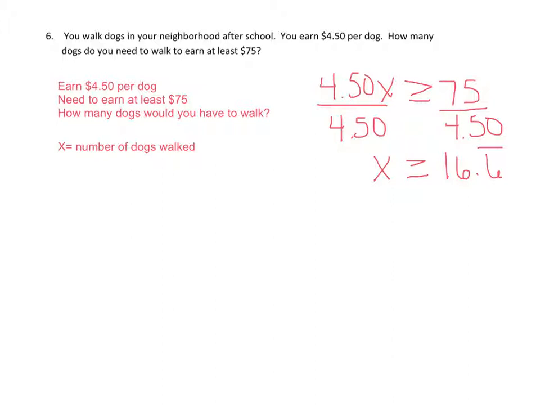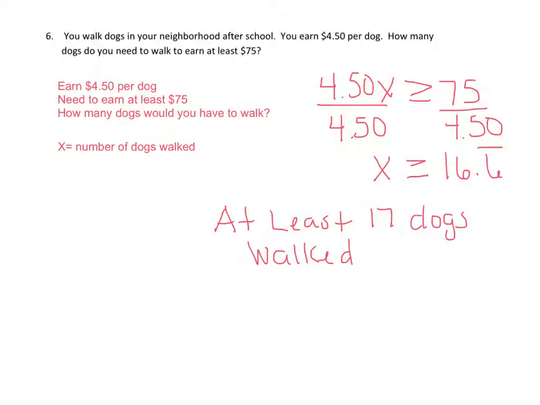So in this case, the viable solution is you need to walk at least 17 dogs. Because if you only did 16, you wouldn't have that $75, so you'd have to round it up to 17 dogs in order for it to be a viable solution that answers the question.